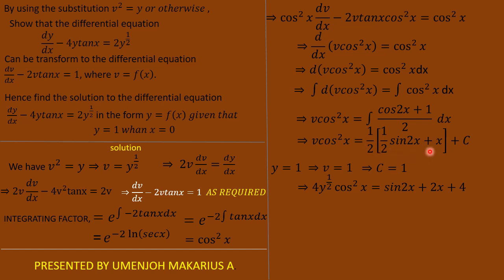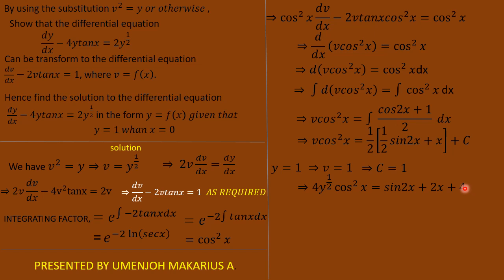Then multiplying here by 4, this 1/2 multiplies x first of all before the 4 comes and reduces the 2, so we have 2x here. Then since our c is 1, 4 times 1 simply gives us 4.